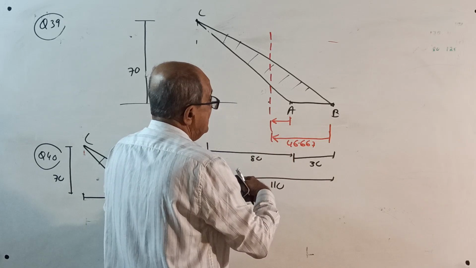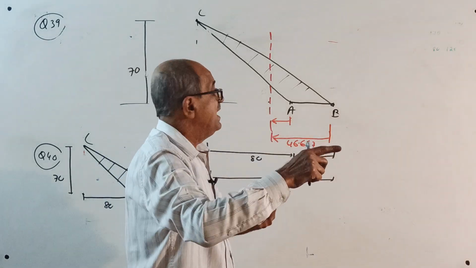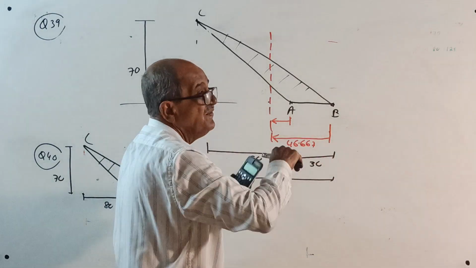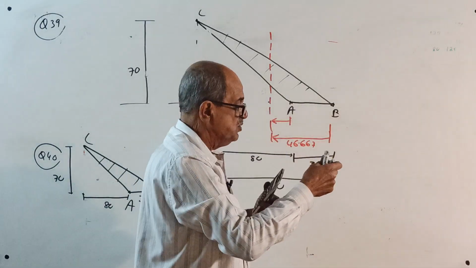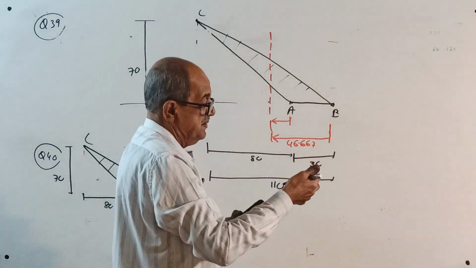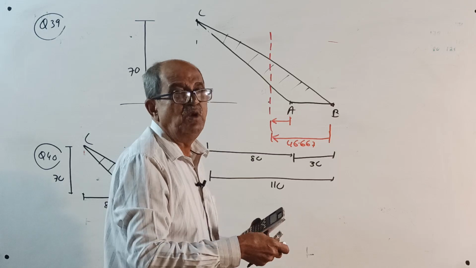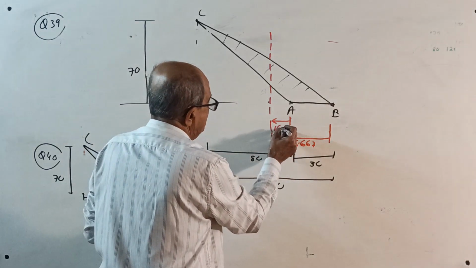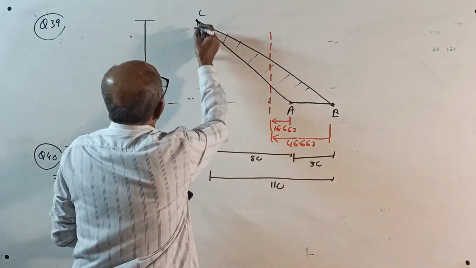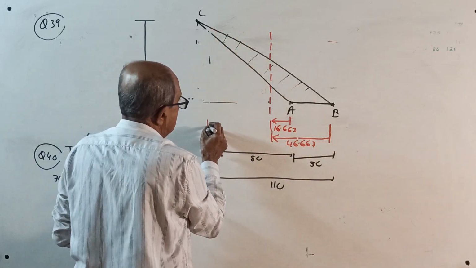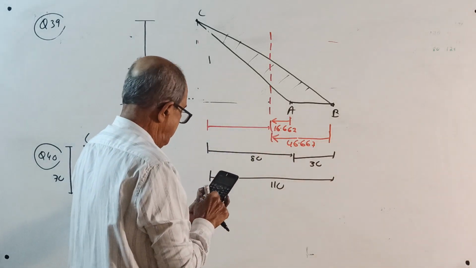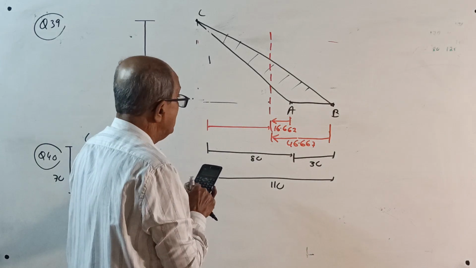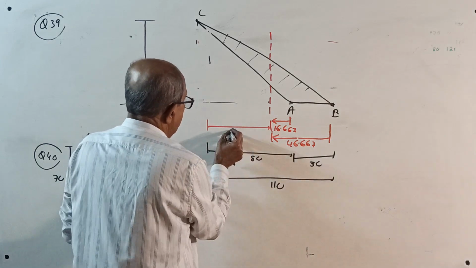Actually I am getting a minus value. So that means to that side is negative, so this side. But you better not go for adventure, I advise not to go for it. 16.667. If you want from here, 110 minus 46.667 is 63.333.